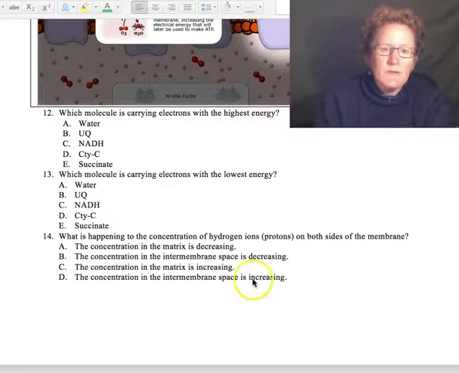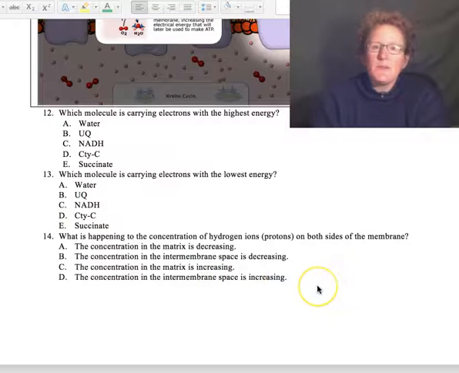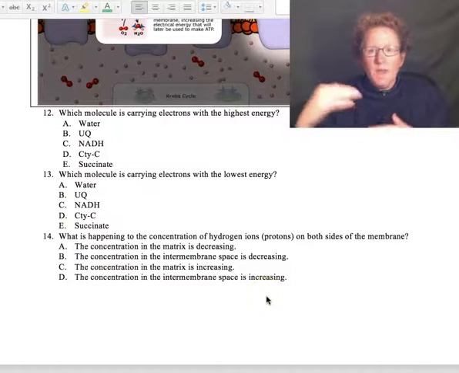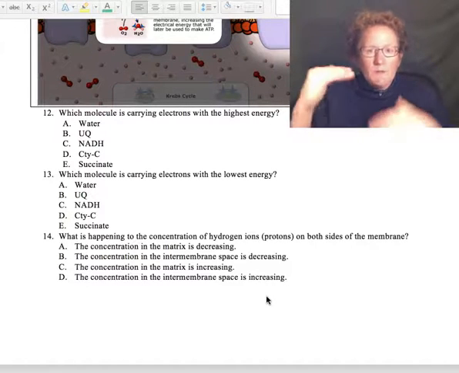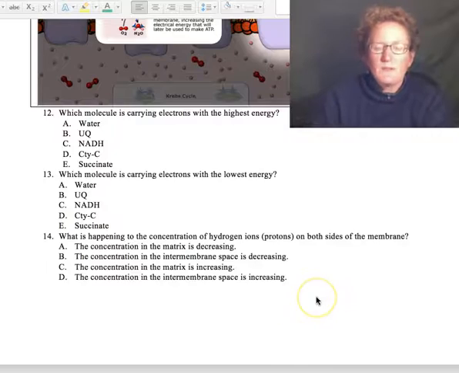And we're pumping those H+ ions to create an electrical potential difference. We're trading the energy in the electrons from those high energy molecules we made in the Krebs cycle for an electrical potential difference across the membrane.